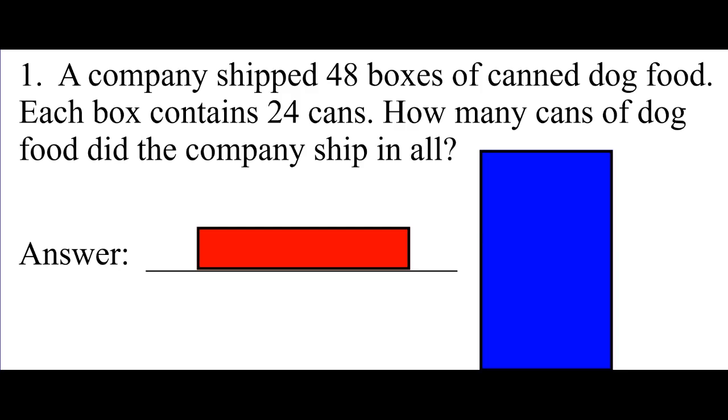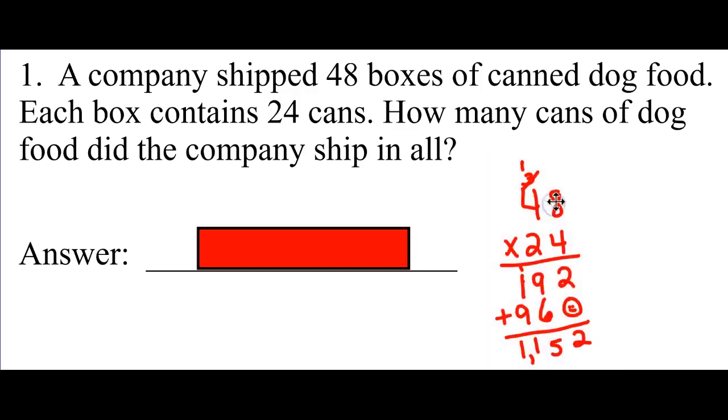Okay, so for question 1, you should have been multiplying 48 times 24. So I'm going to reveal my work, and you can look at my work and check it and compare it with yours. Okay, so I took 48 times 24, and when I did 4 times 48, I ended up with 192.